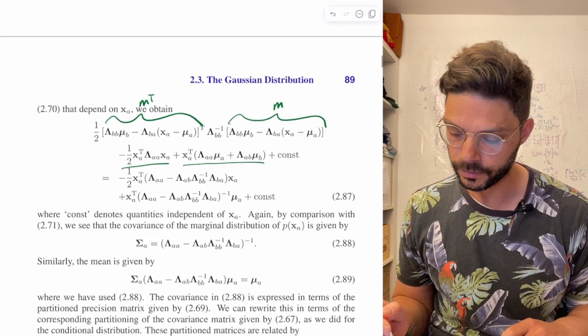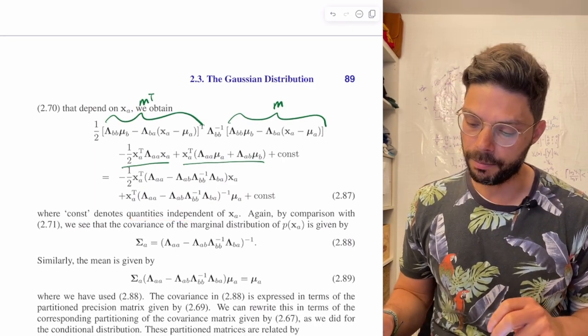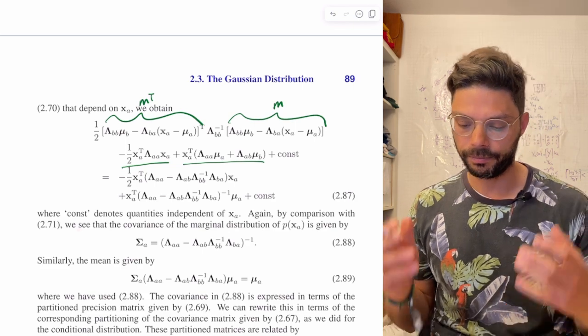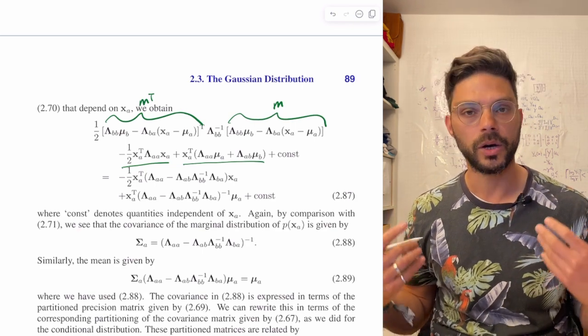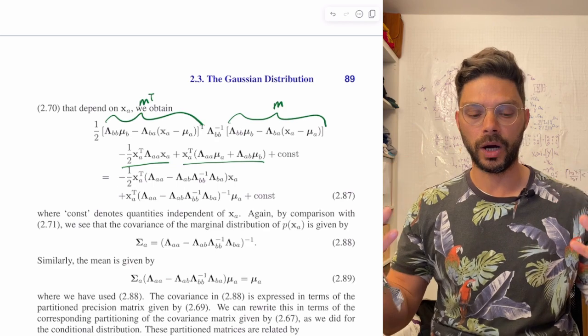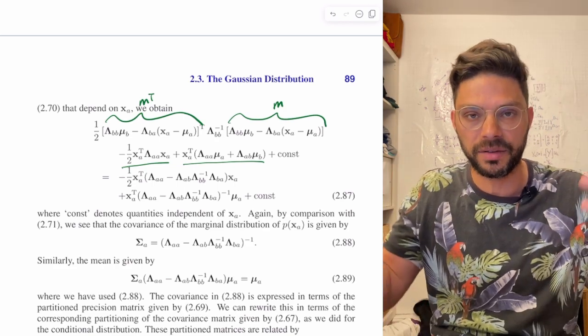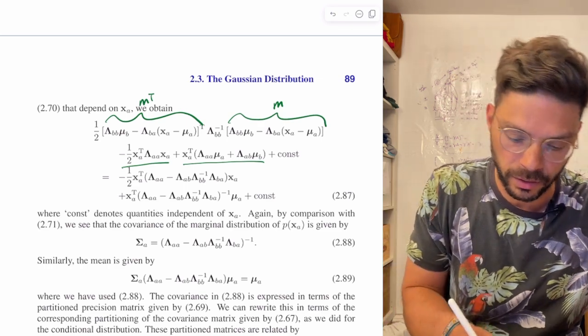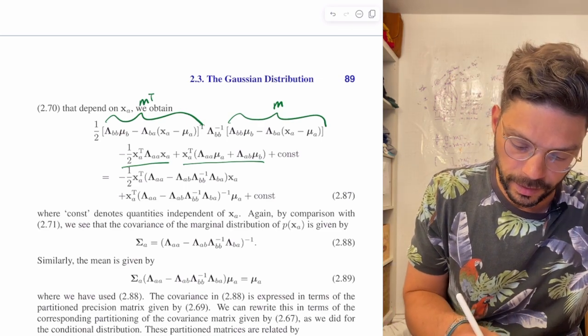Okay, so by comparison to 2.71, what we're now going to do is compare to our template of what the quadratic form for a Gaussian looks like. Let me write that at the top.